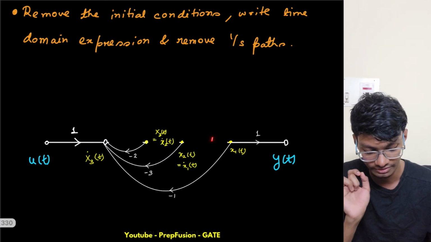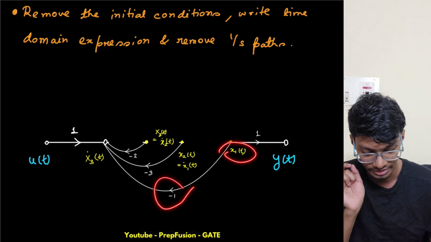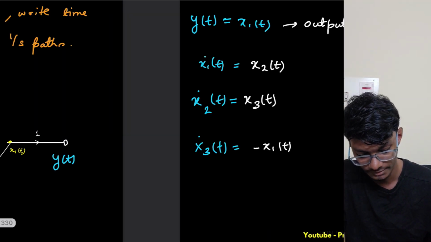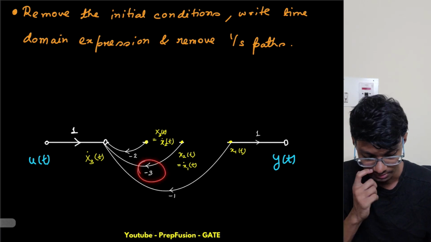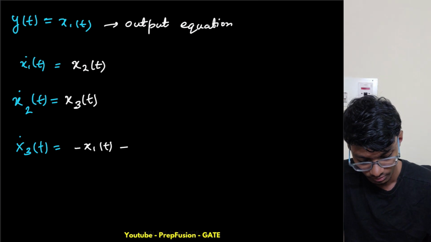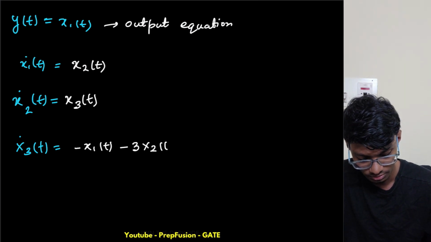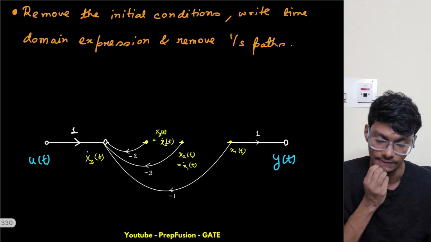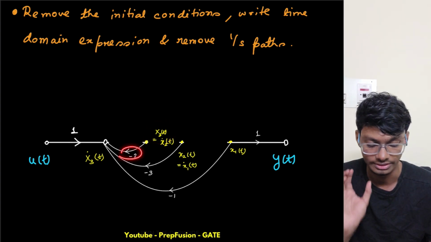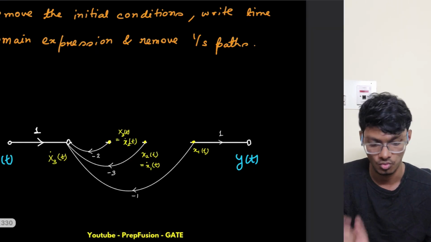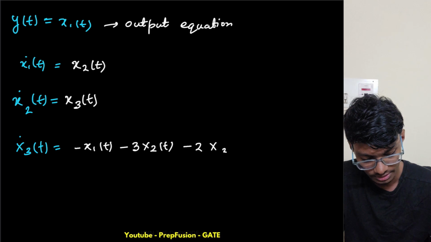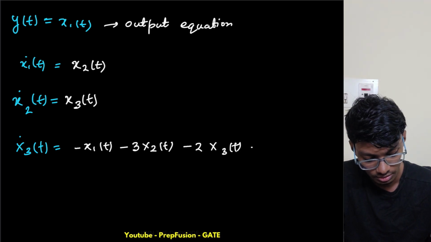First I will write the first state variable, which is x1 of t into minus 1, so minus x1 of t. Then the second state variable, x2 of t into minus 3, so minus 3 x2 of t, and x3 of t into minus 2, so minus 2 x3 of t. Now what are we adding?